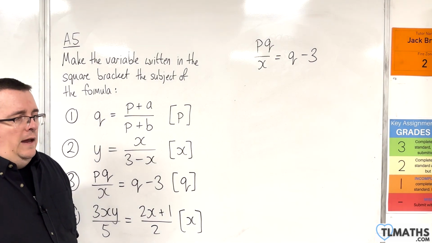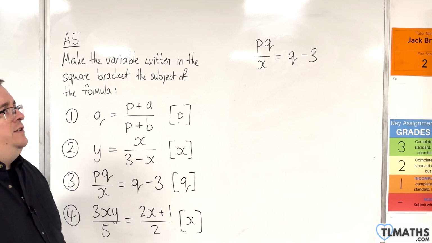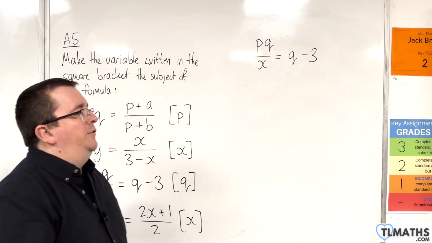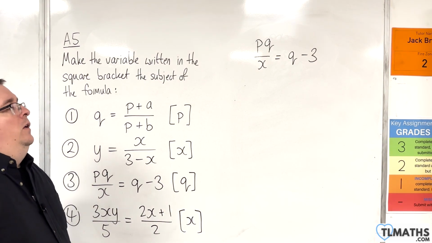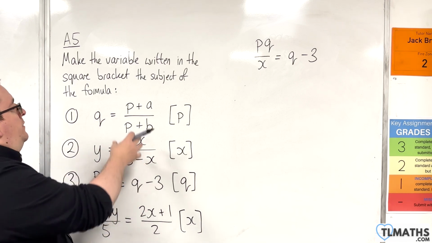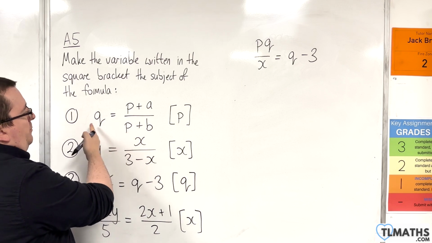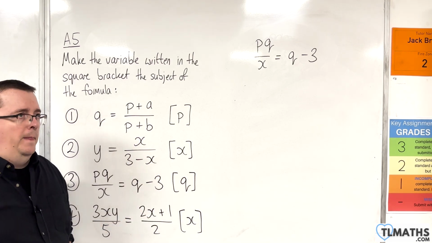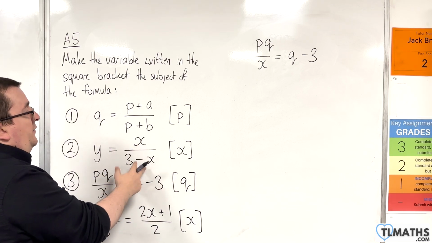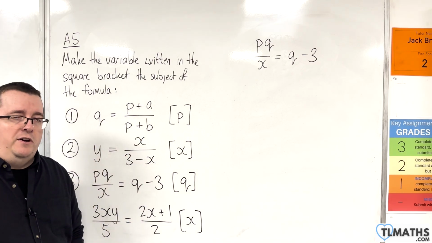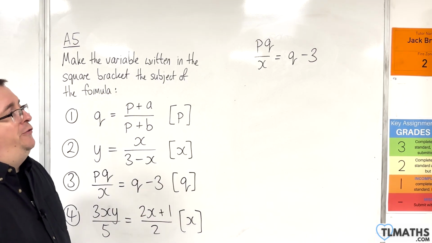Now, what I would generally do in this, you can do this without doing this step that I'm going to suggest, but I think it will make your life easier. Try and get rid of fractions. In examples 1 and 2, I multiplied both sides by P plus B and 3 minus x first. Now, that was because the denominators involved the variable I was trying to isolate. Here I'm going to suggest that we multiply both sides by x.